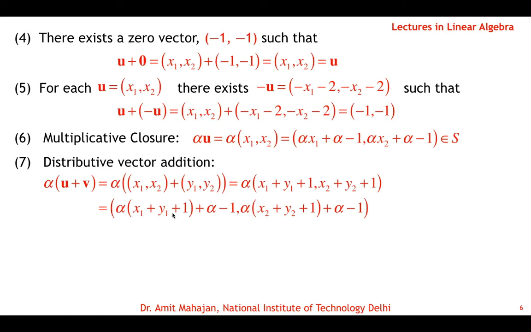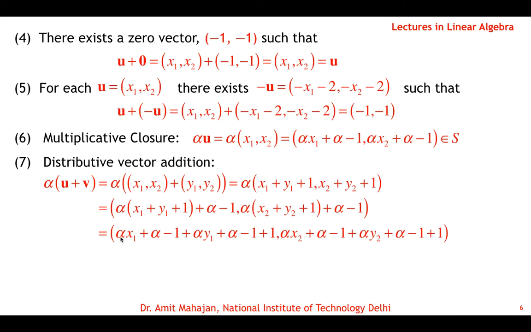Now inside is the complex number, so we can solve this and rewrite it as alpha x1 plus alpha minus 1 plus alpha y1 plus alpha minus 1 plus 1. So we add minus 1 plus 1 on the left and on the right, and write alpha x2 plus alpha minus 1 plus alpha y2 plus alpha, adding and subtracting 1.